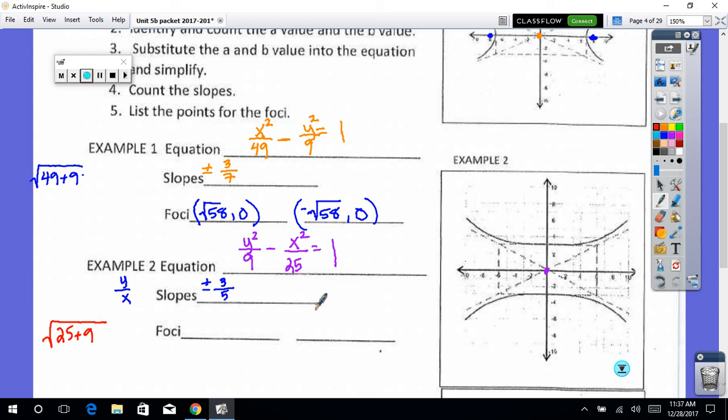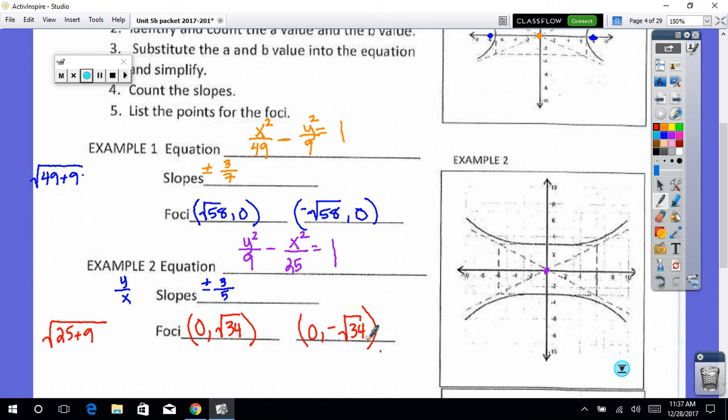So we have the square root of 34. This time we're on the y, so our x value is 0. Square root of 34, and 0, negative square root of 34.